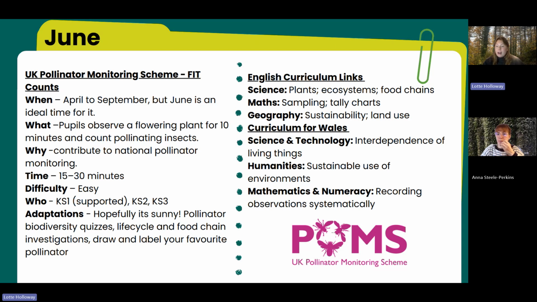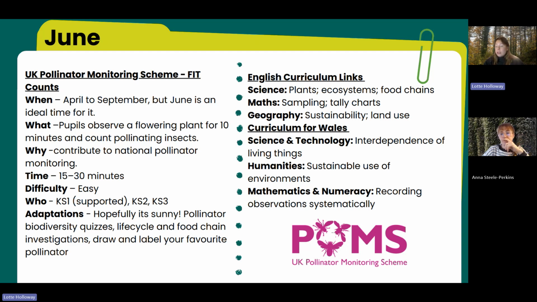Hopefully it's a really accessible one, because hopefully every school grounds, fingers crossed, has at least one flower out in June. And we also pray that it's sunny at this point in the year, as it's a difficult one to adapt for an indoor atmosphere. But there are loads of different ways that you can extend this, or bring in pollinator conversations, even if this activity was too much of a challenge for your pupils.